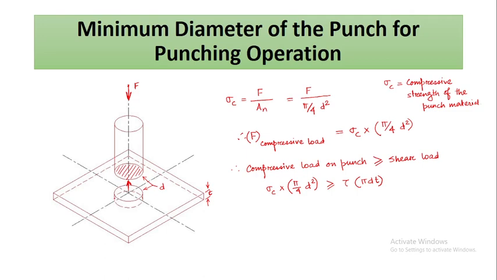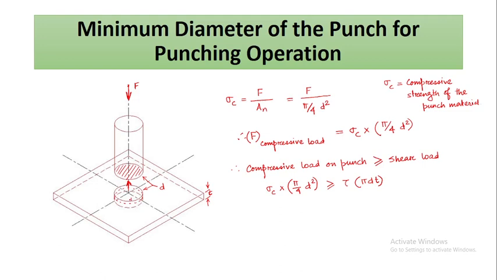Now say it is given that this is the amount of punch travel that must be there during the operation. That means the punch must move this amount of distance.